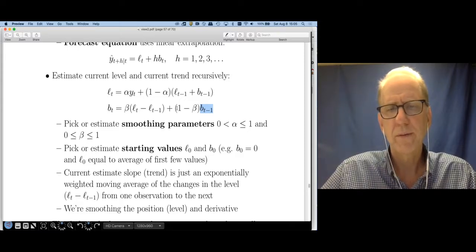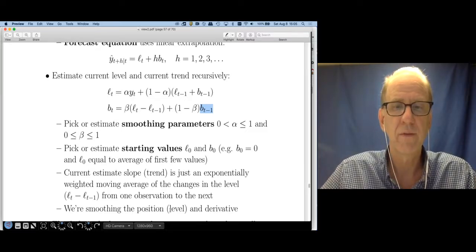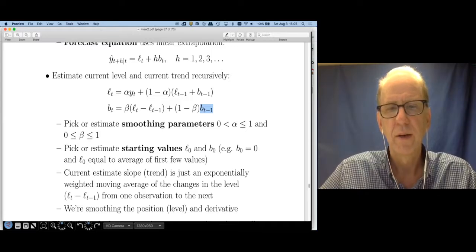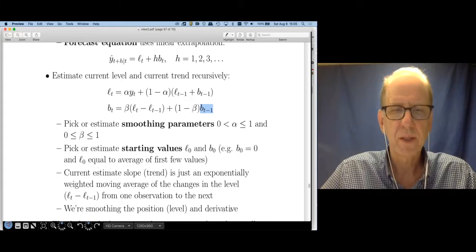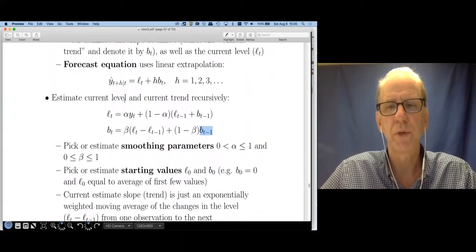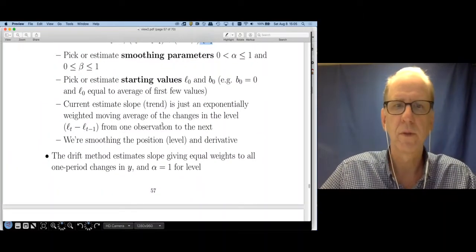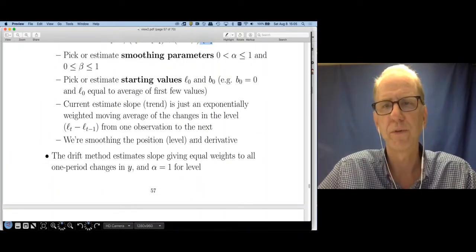Another way to think about this is we're really smoothing two things. We're smoothing the position, or the level, and the derivative. The position and the derivative is kind of calculus language, but that's the way I think of it. And that's, by the way, why it's called second order exponential smoothing, because we're not just smoothing the level, we're also smoothing this derivative, the change function.